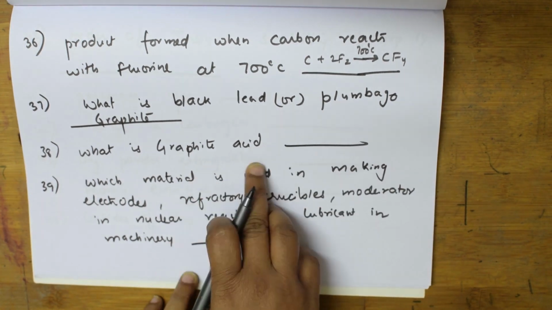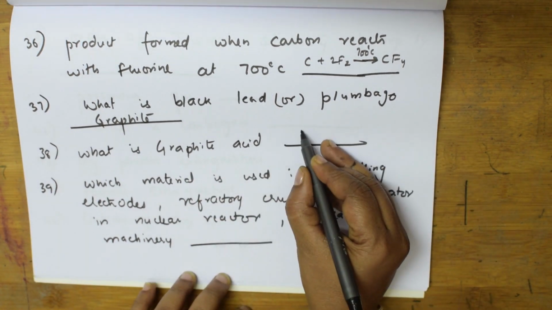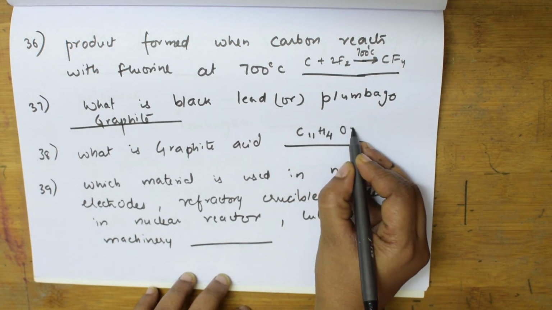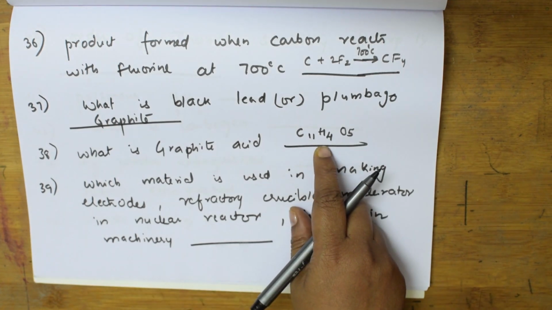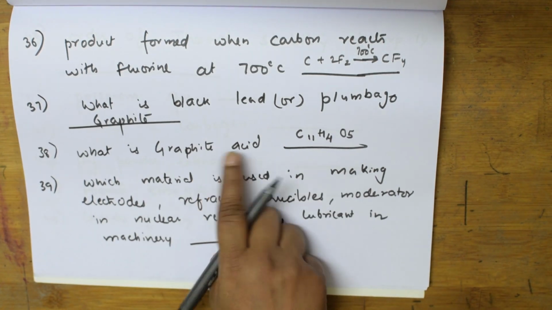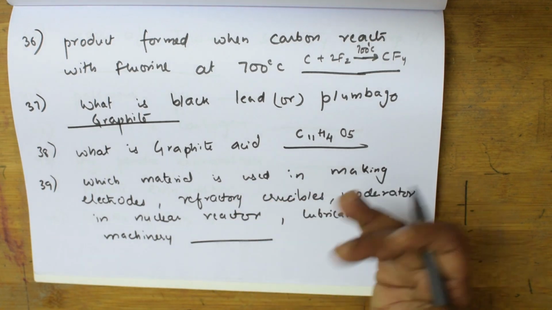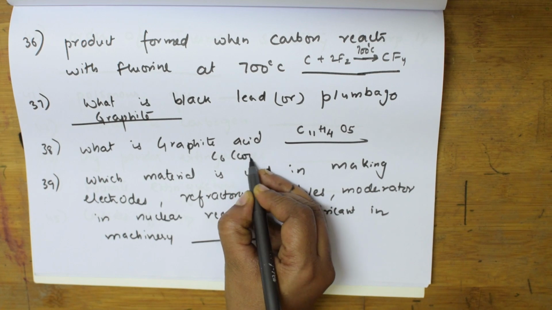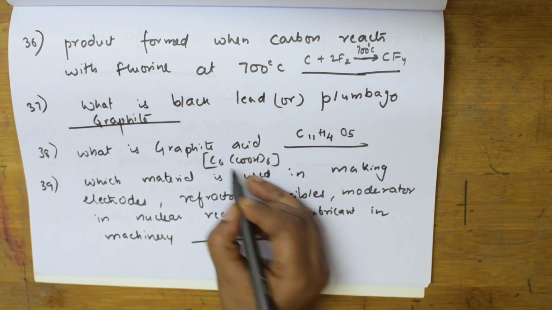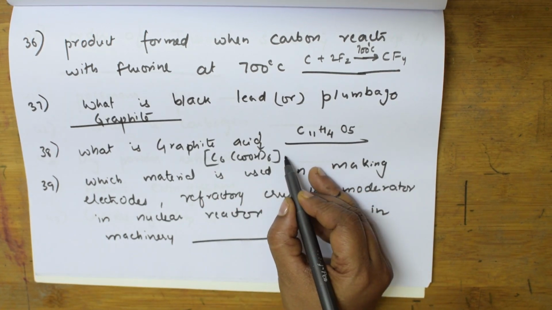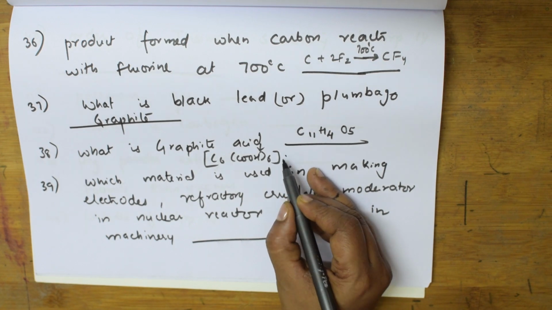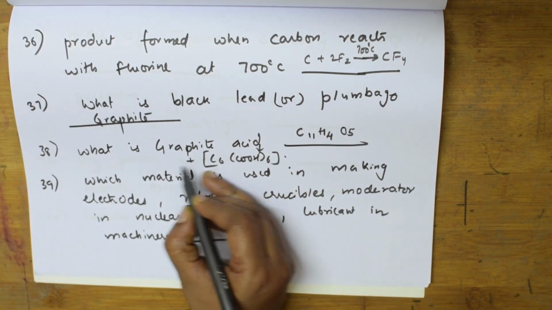Next, what is graphite acid? The formula is C11H4O5, graphite acid. How did I get this? When you treat graphite with alkaline permanganate, it gets oxidized to a compound, C6(COOH)6. I allow it to react with oxalic acid, and along with this I get this compound as well as oxalic acid.